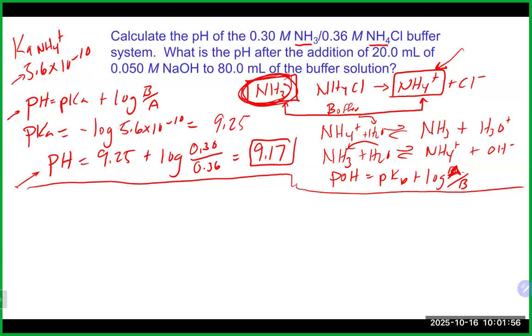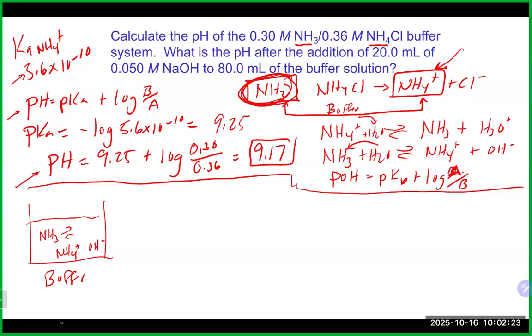add some sodium hydroxide to this buffer. So we're going to take 80 milliliters of our buffer and we're going to add sodium hydroxide to it. So a reminder that we have our buffer solution here, which does have basically our NH3, NH4 plus, and some hydroxide floating around, if you will.